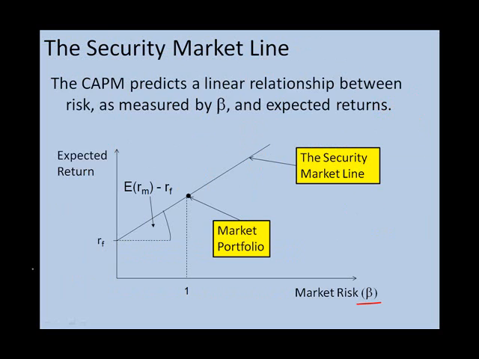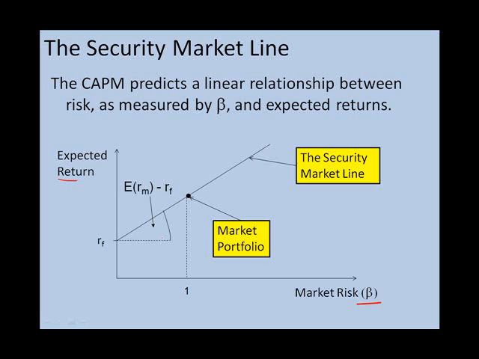The CAPM predicts a linear relationship between market risk and expected returns. And this linear relationship is plotted out on what we call the security market line. On the horizontal axis, we've plotted market risk, and on the vertical axis, we've plotted expected returns. And here we have the security market line.